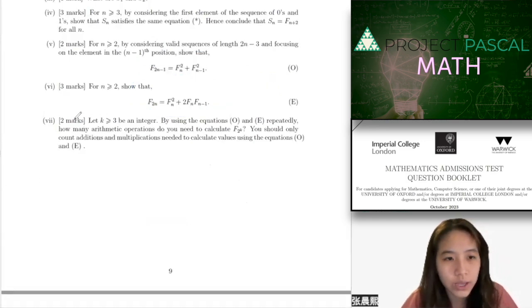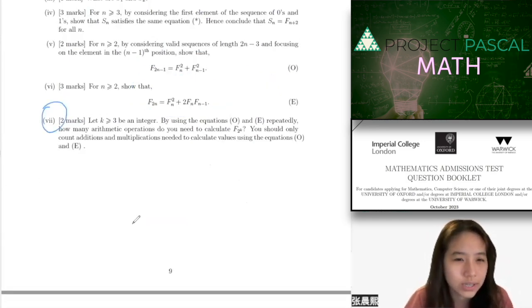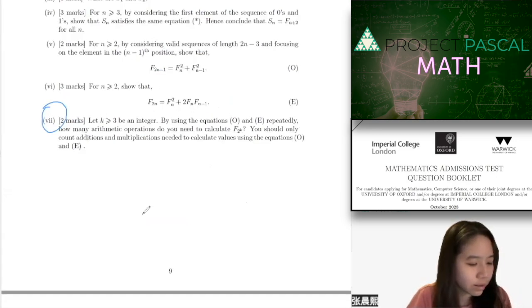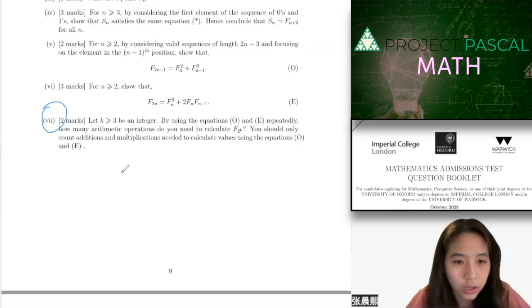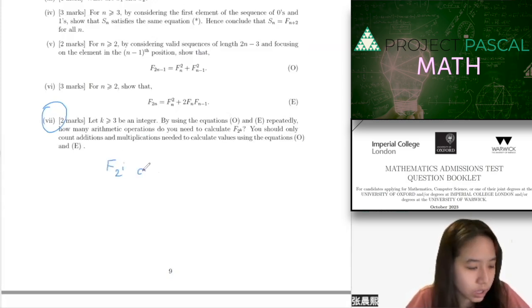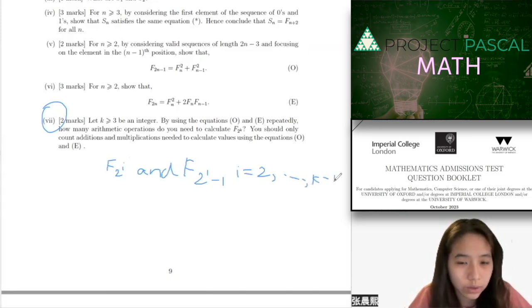Okay, so for VII, I honestly think this question is slightly trickier than the rest. So for VII, we can compute f2i and f2i minus 1 for i equals 2 all the way to k minus 1.